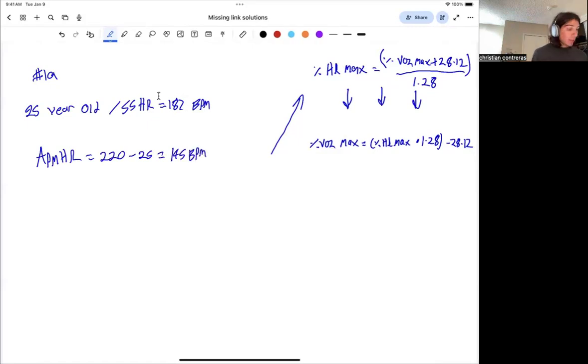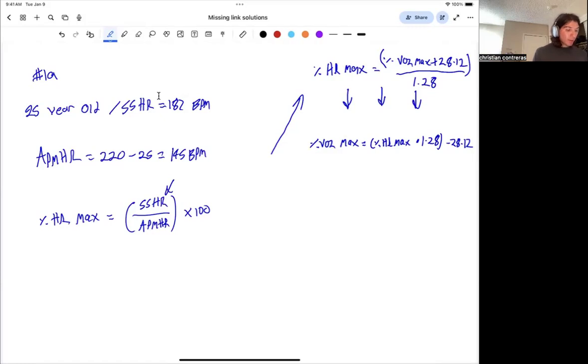The general formula you can follow is percent heart rate max is equal to steady state heart rate over age-predicted max heart rate, times 100. You want to multiply by 100 because this fraction gives us a decimal value, and we want to get it in terms of a percent.